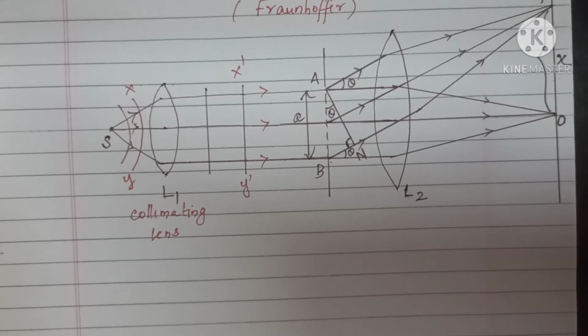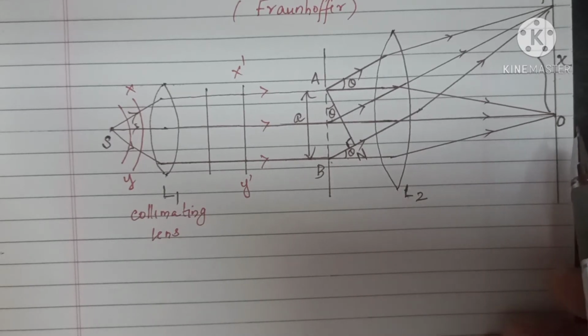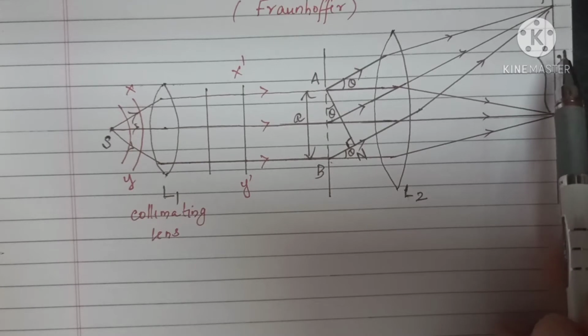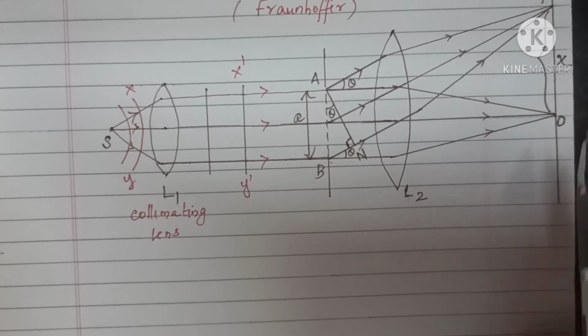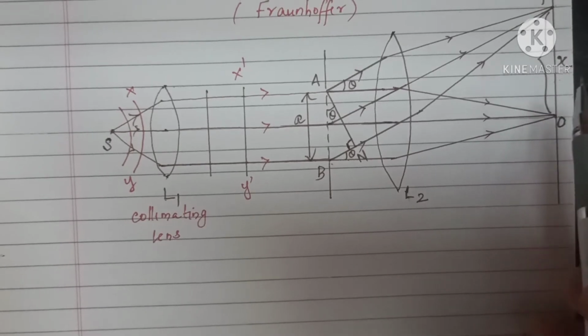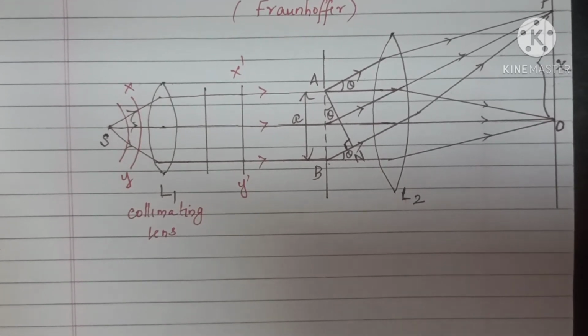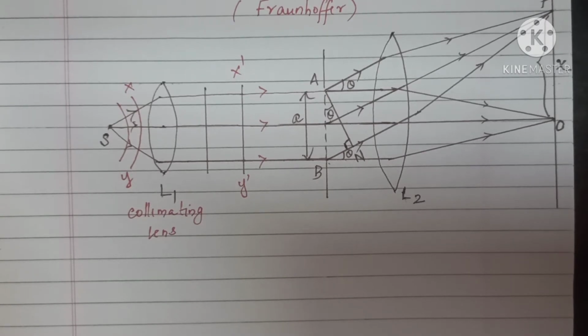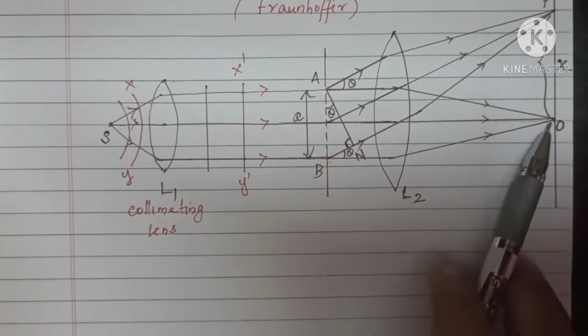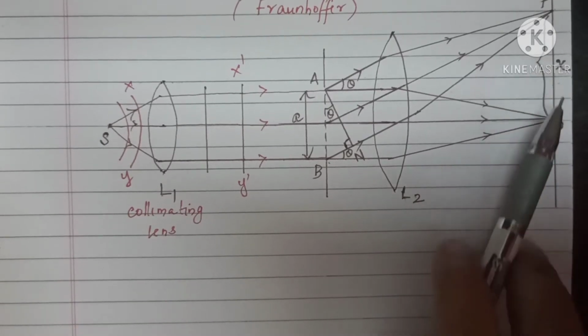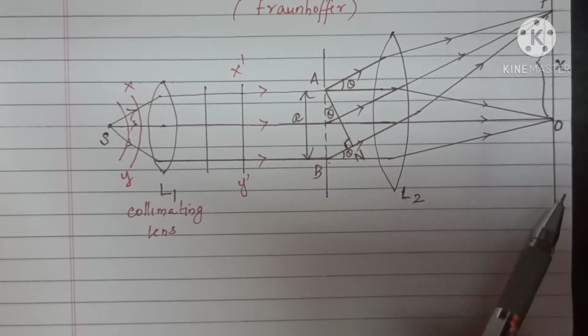The intensity of maxima falls off rapidly as the distance from O increases on either side. That means in the case of interference in Young's double slit experiment, we said that the intensity is the same and the fringes or the bands are of equal width. But here the intensity is decreasing as we move to a larger distance from the point O on both sides.